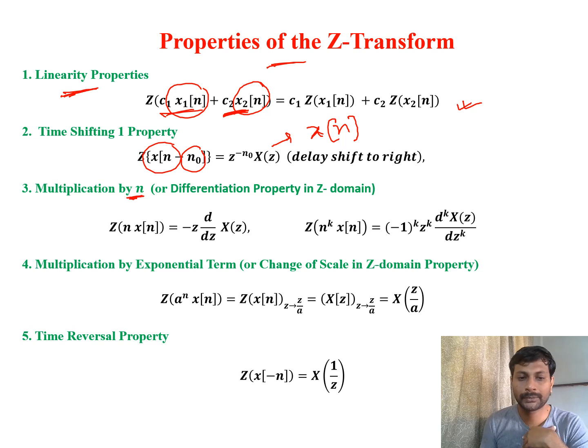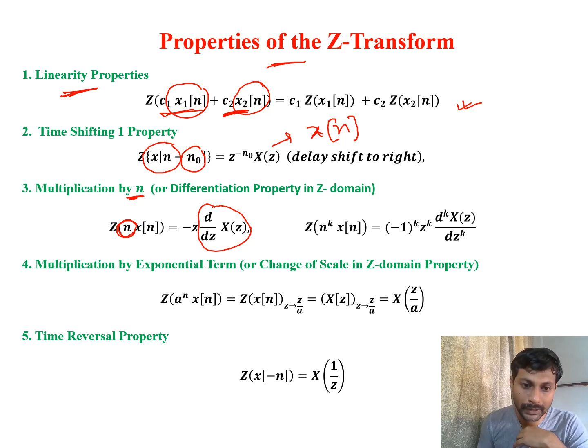Multiplication by n: if the Z transform of x n is given by X z, and you multiply by a term n, then the Z transform is given by minus z times the differential of X z. So you first have to take the differential of X z, then multiply it by minus z.